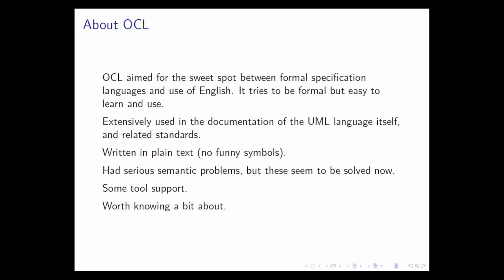It's written in plain text with no funny symbols. It used to have some serious semantic problems, but I think it's fair to say that those are basically solved now. There is some tool support, and I'm not really going to advocate that you go out and do design by contract, writing contracts in OCL for all your object-oriented systems, because I think contexts in which that's a sensible idea are few and far between, but it is worth knowing a bit about.